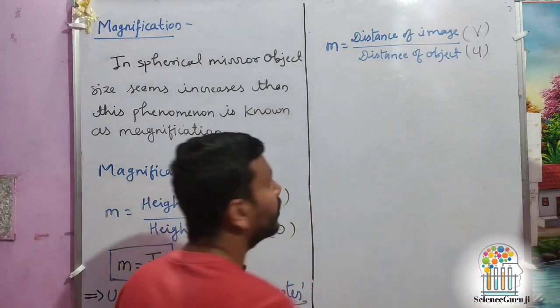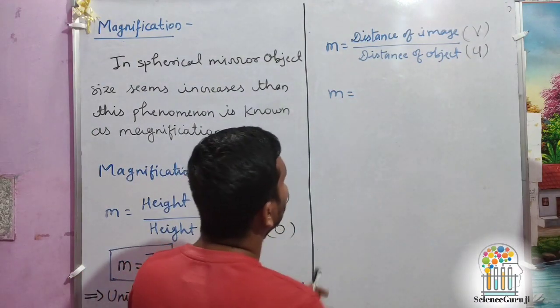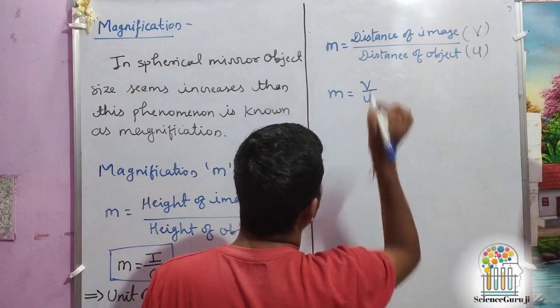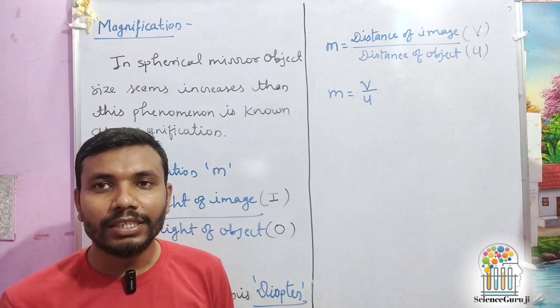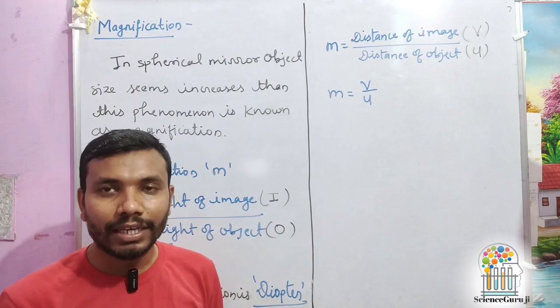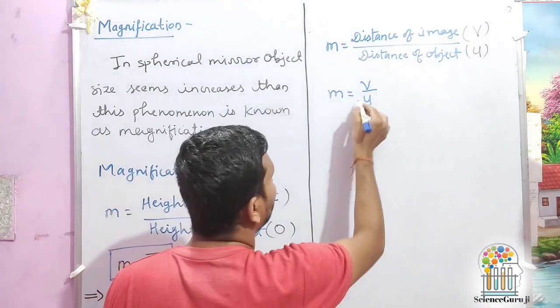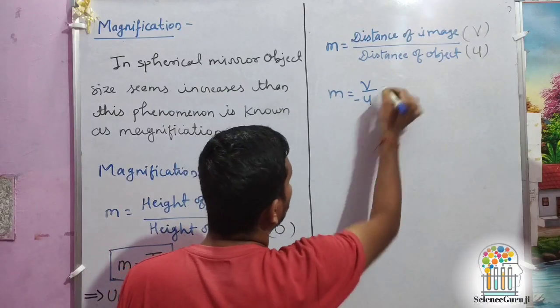So by this we can say that m is equal to v upon u. But we know that the object sign is always negative because it is kept on the left side. So here we can say that m is equal to minus v upon u.